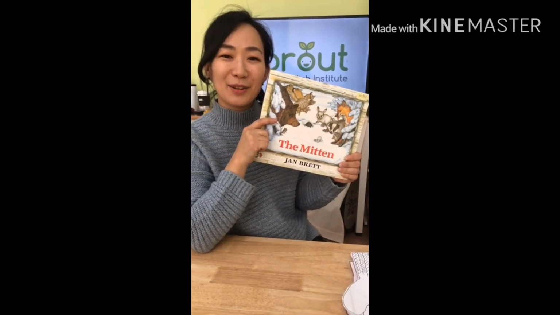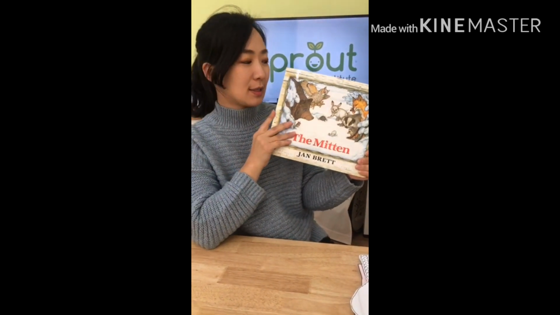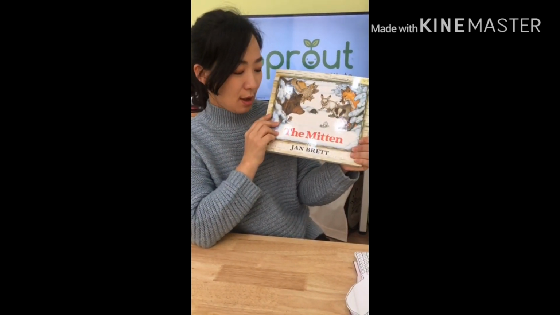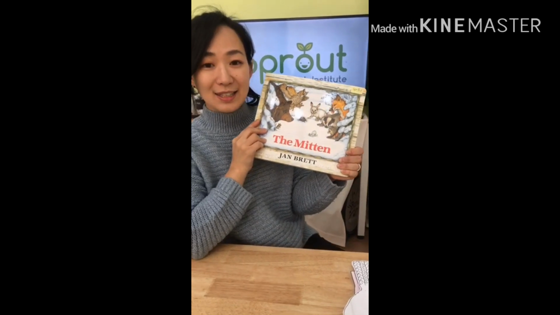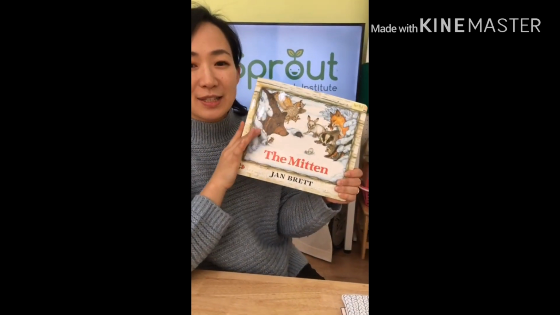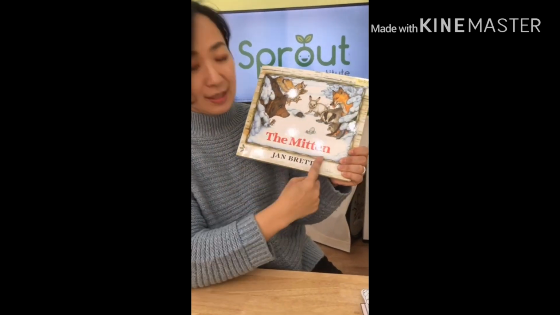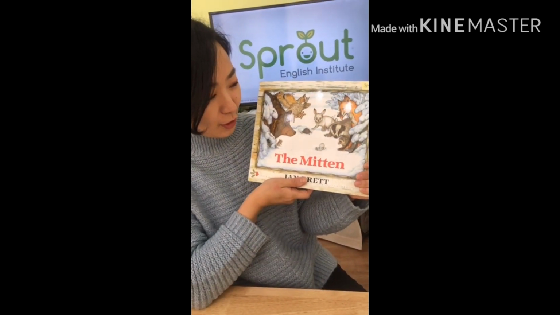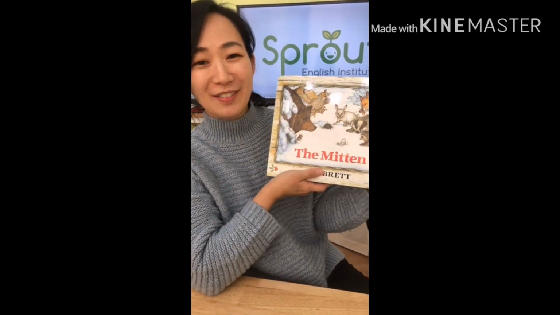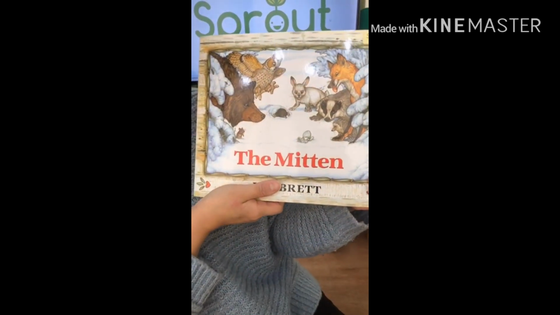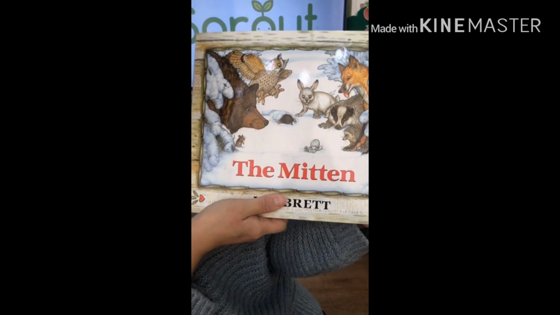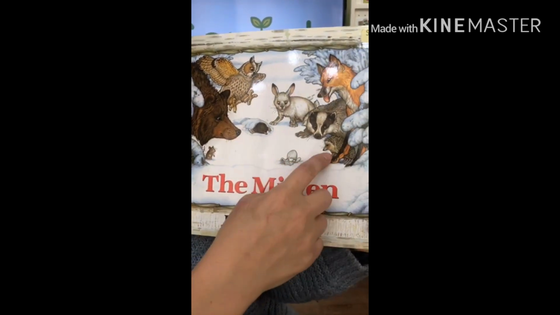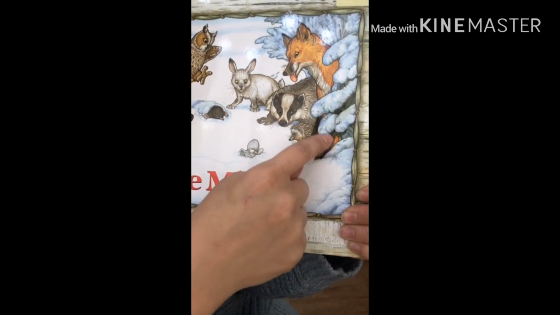Hello, everyone. It's our second book of the week. We read The Hat on Monday, and Wednesday we will read The Mitten by Jan Brett. Do you see any familiar animals from the cover of the book? If you remember the first book, we read about a little hedgehog. Remember Hedgie? He's right there.